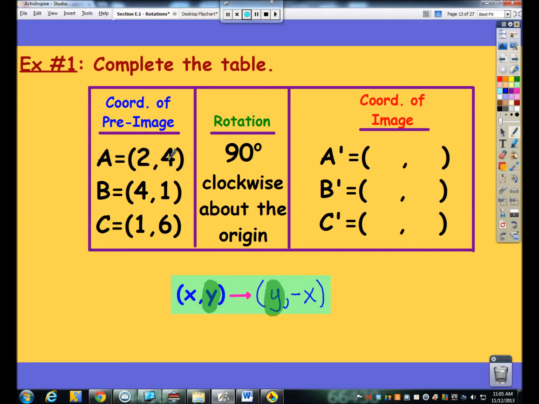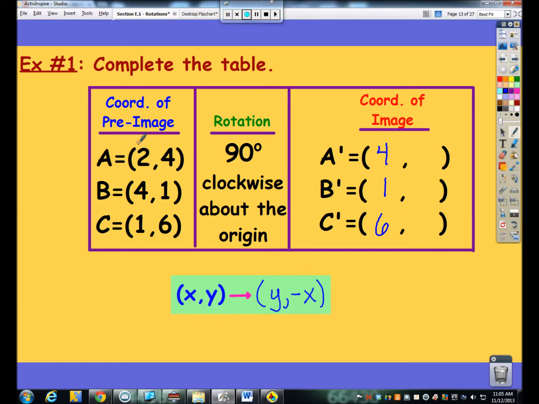Okay, so here's the old y-coordinates. These are all the old y. And now they get to come over here, and they're all my new x-coordinates. Okay? So this will be 4, 1, and 6. And then my old x-coordinates now become my new negative x-coordinates for my y.